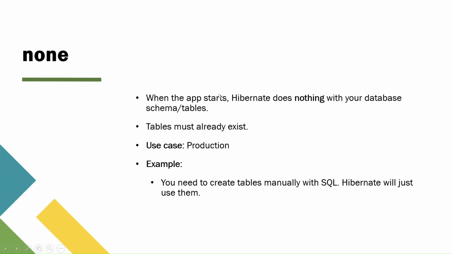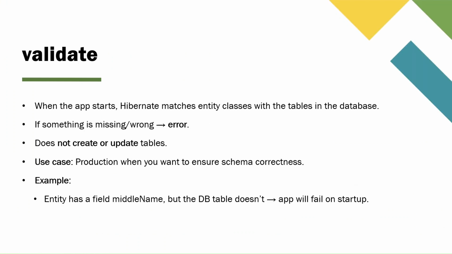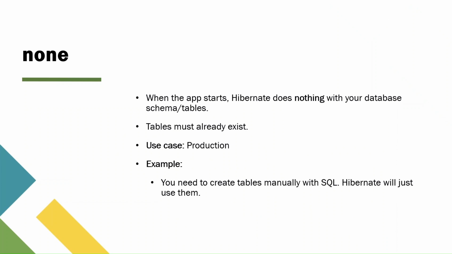None is also the same. Validate at least validates that there is no difference between our entity and table. But none does nothing. Neither does it create the tables nor does it validate. Meaning it doesn't do anything.